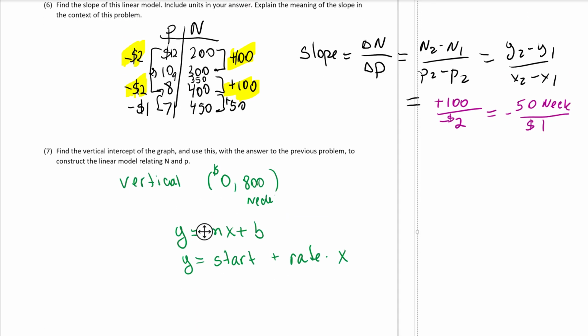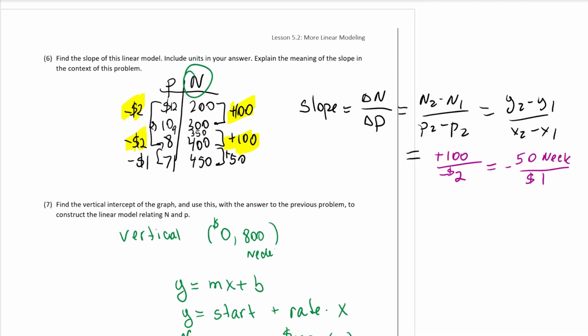Don't get confused: this is the variable we're analyzing, how many necklaces we can sell. It starts off at 800 necklaces, and then the number of necklaces declines by 50 for every dollar of price. The model is like this, and instead of x, we use p: the starting value minus 50 multiplied by p. So that is our equation.